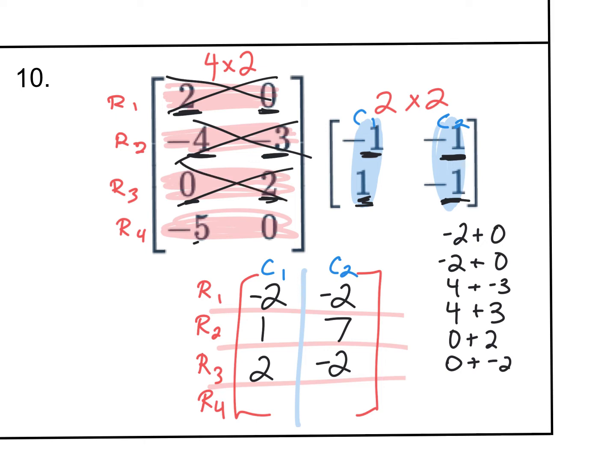Negative 5 times, what should I multiply first? Yep, negative 5 times negative 1 is plus 0 times 1, which is 0. Good. And that is 5. And last but not least, negative 5 times negative 1 is 5 plus 0 times negative 1. So 5 again.